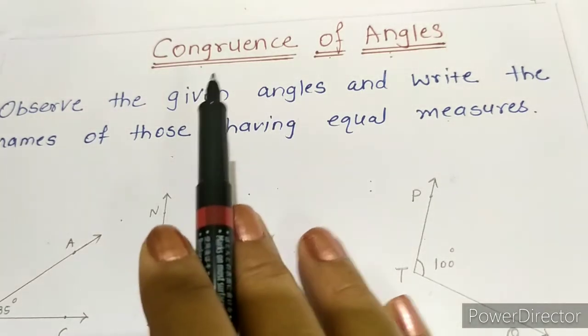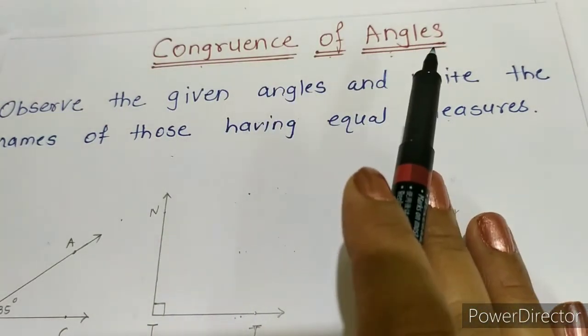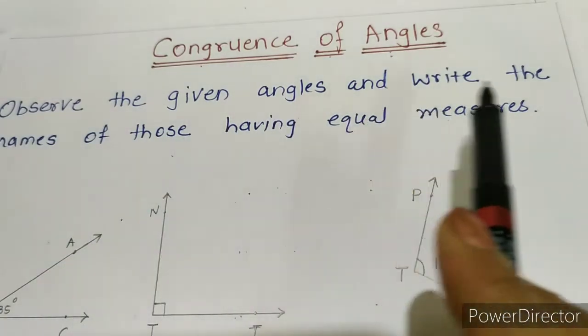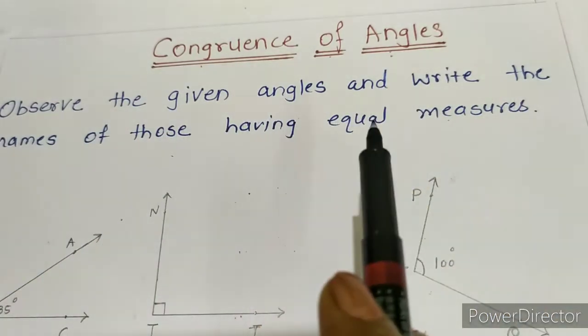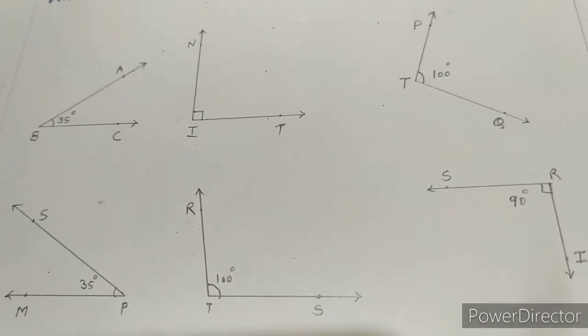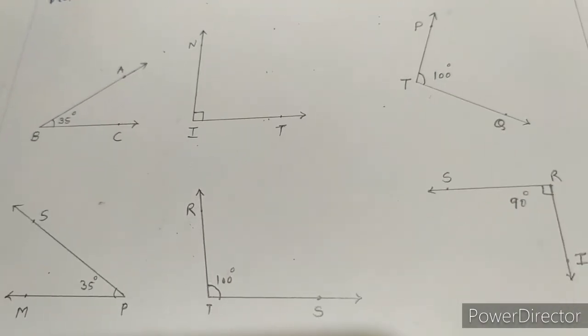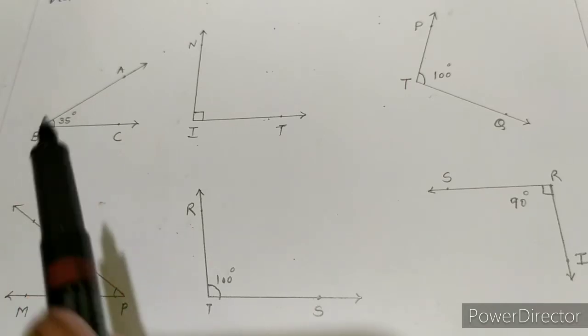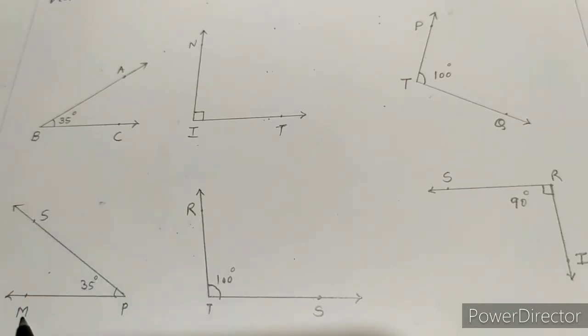Now let's learn congruence of angles. Observe the given angles and write the names of those having equal measures. Here some angles are given. The names we have to write here. Here see, angle ABC is exactly the same, that is 35 degrees, as angle SPM.